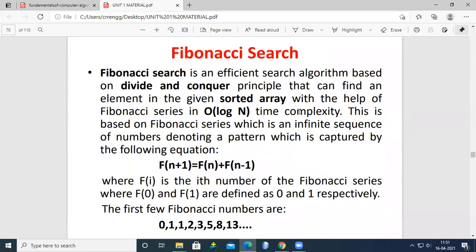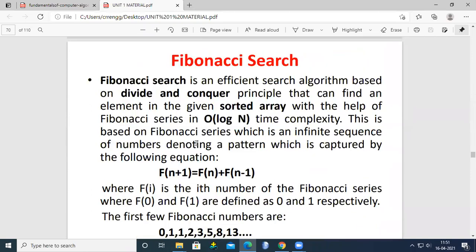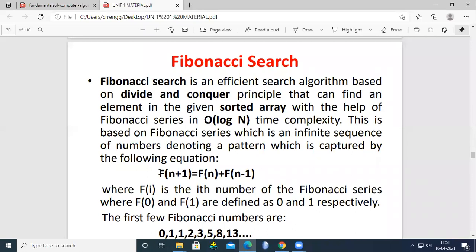Fibonacci search is next. The important formula in Fibonacci search is f of n plus 1 equal to f of n plus f of n minus 1. So when you want to find the present element, you consider the previous two elements and sum them, then you get the present position element value.